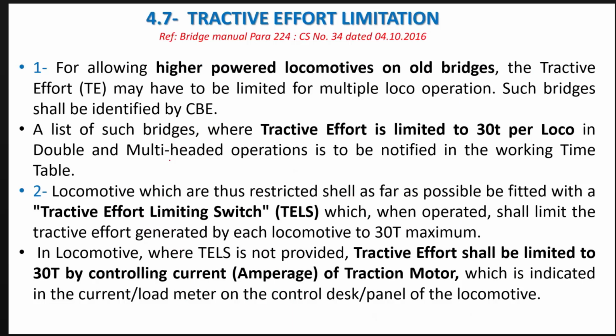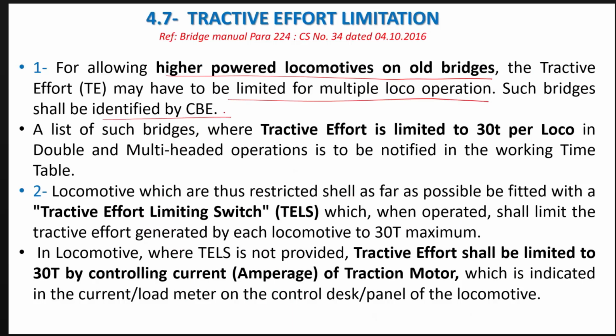Next is the TLS, whatever we are coming to. What is the TLS? This is our bridge manual para 224, which has been given for allowing higher powered locomotives on old bridges. The tractive force may have to be limited by multiple loco. Such bridges shall be identified by CBE.